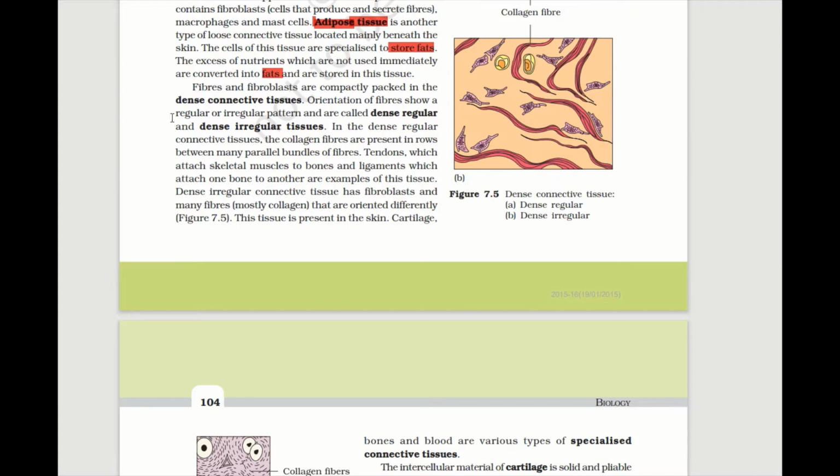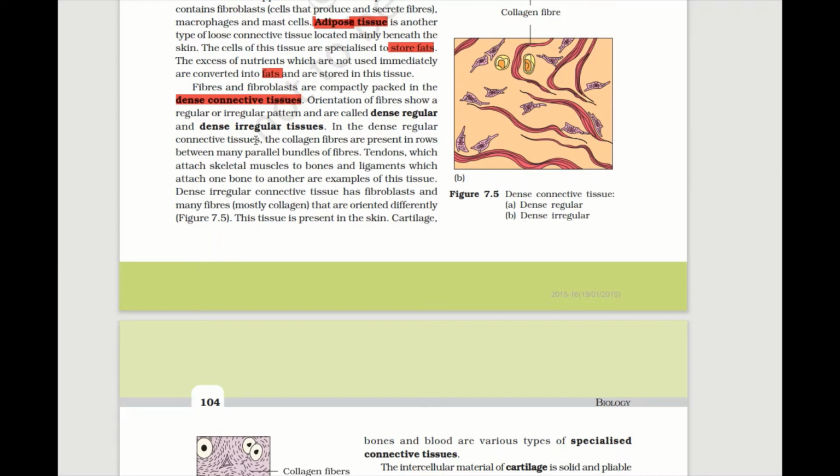Next, we come to dense connective tissue. Here you can see the diagram of dense connective tissue. Based on the arrangement of the fibers in the tissue, it can be dense regular tissue or dense irregular tissue.